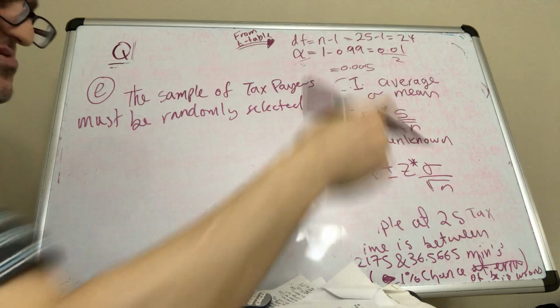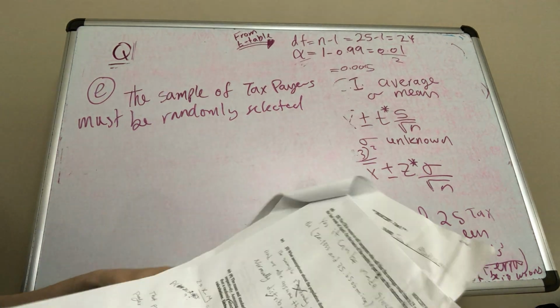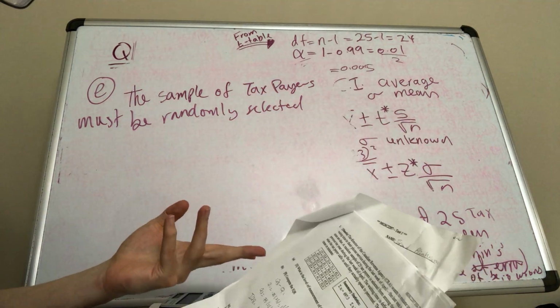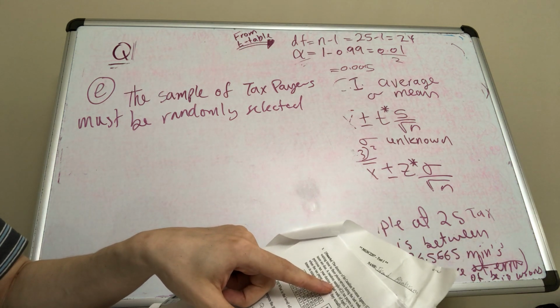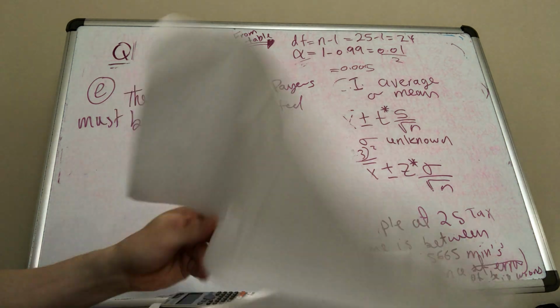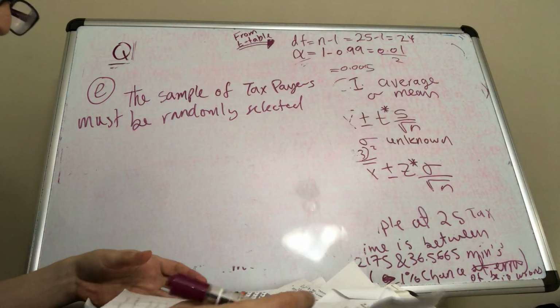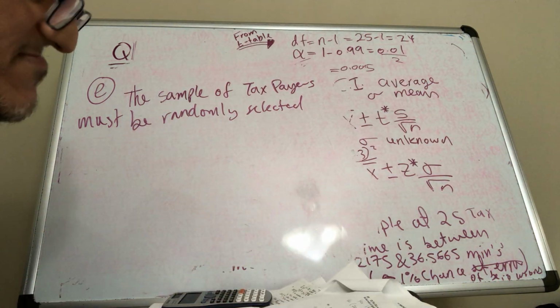But if they mention in the question that it was already randomly selected, you don't worry about it. And if you go back and read the question in line 3, a random sample. So we already know that it's a random sample, so it's redundant.